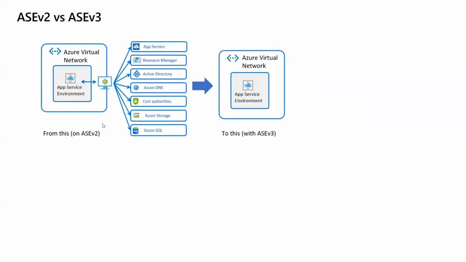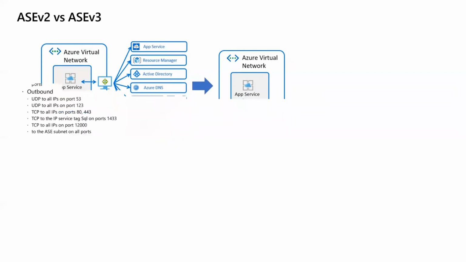All that is managed internally by the App Service Environment in v3, so you don't explicitly do anything to manage those internal inbound and outbound IP addresses.